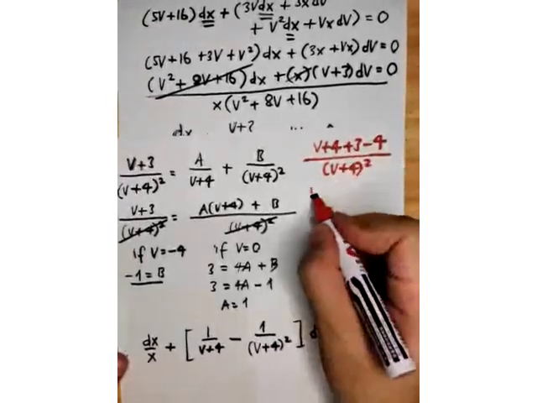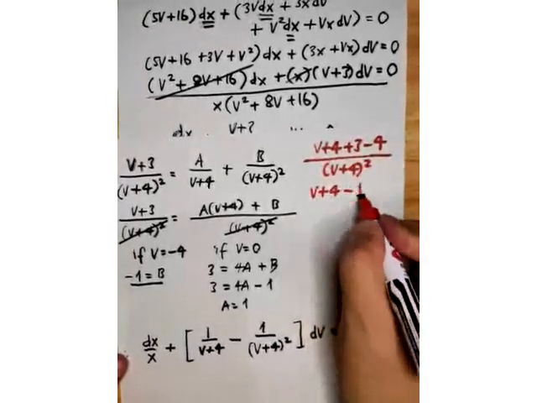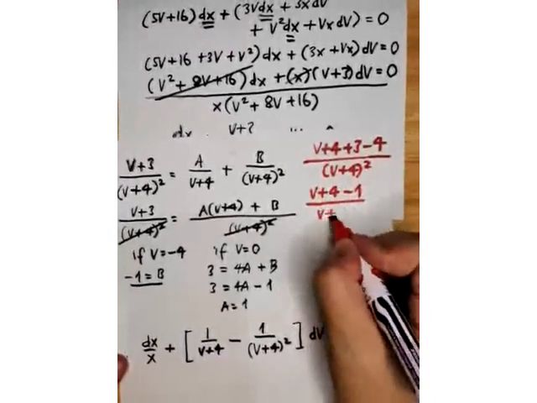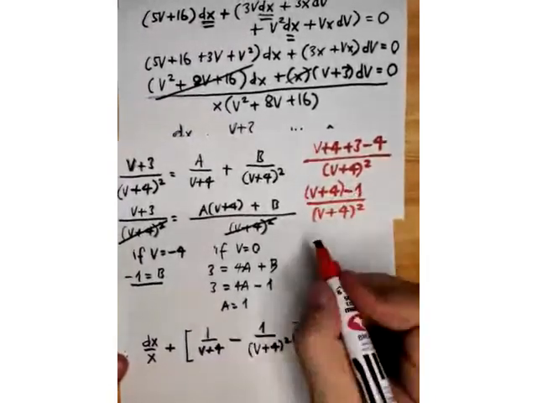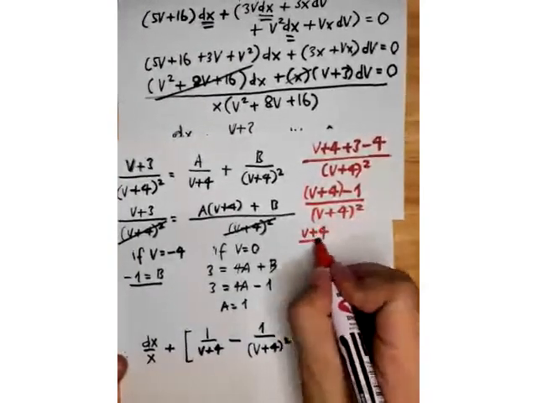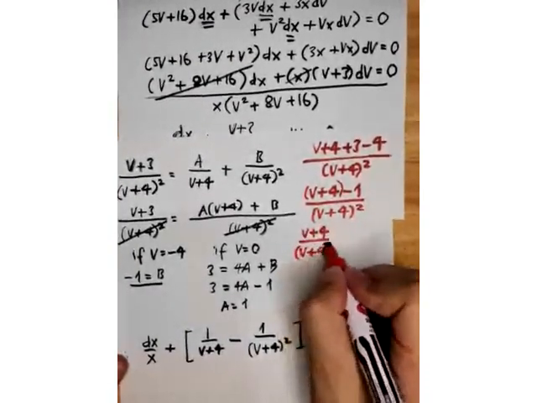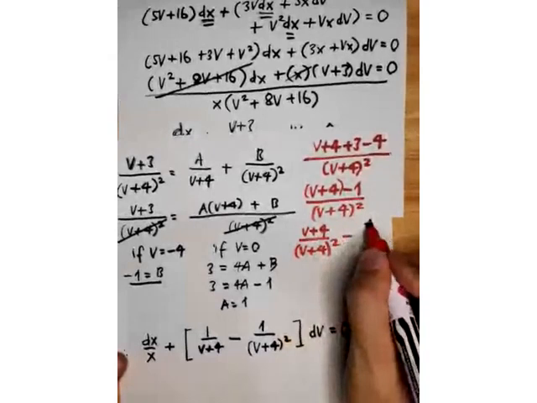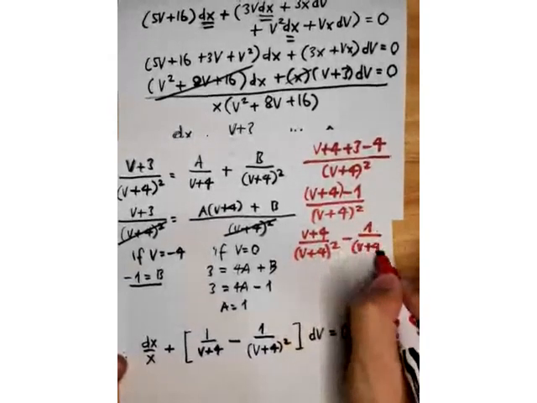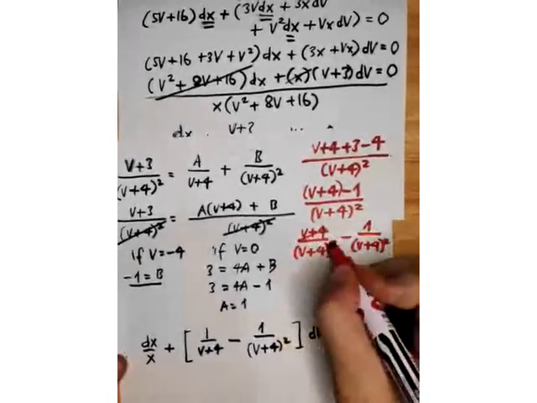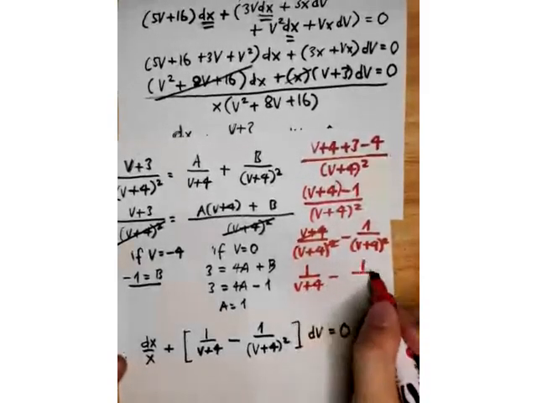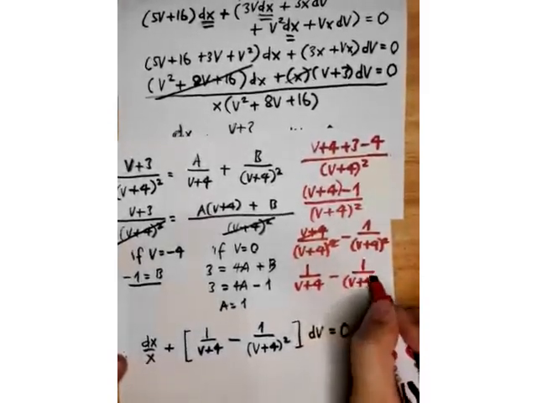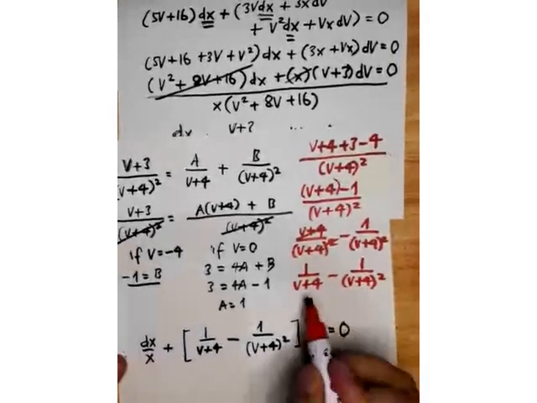Okay? Or we can write this as v plus 4 minus 1 over v plus 4 squared. And then we group this. So, v plus 4 over quantity v plus 4 squared minus 1 over v plus 4 squared. But we cancel that. So, we'll have 1 over v plus 4 minus 1 over v plus 4 squared, which is also this one.